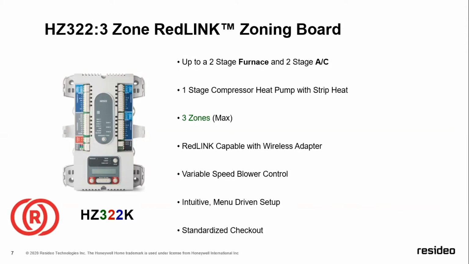And on the left-hand side of this zoning panel, what you will find is an A, B, C, and D terminal strip. And that's what the wireless adapter would be connected to, utilizing 18-gauge wire if you decided to take advantage of an easy way of utilizing a RedLINK thermostat.